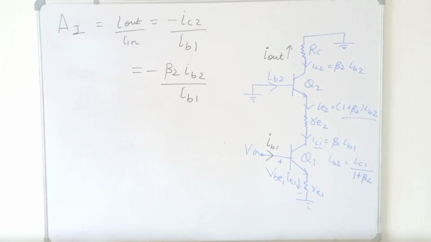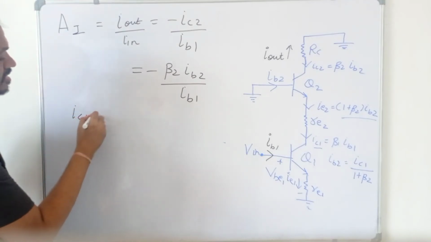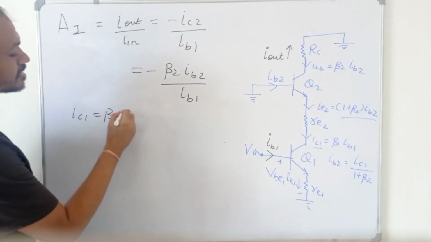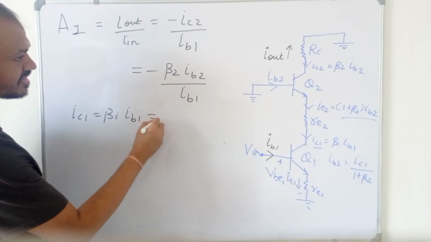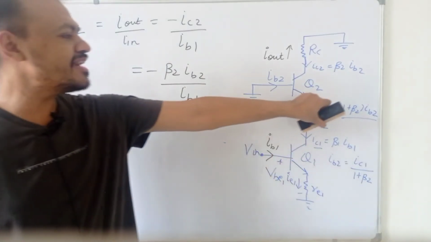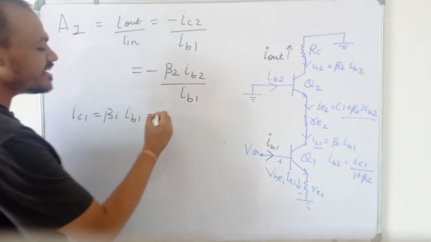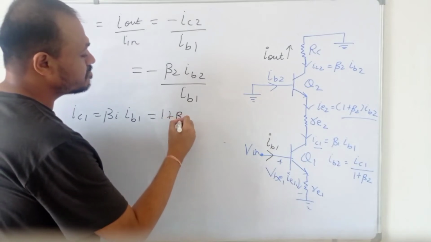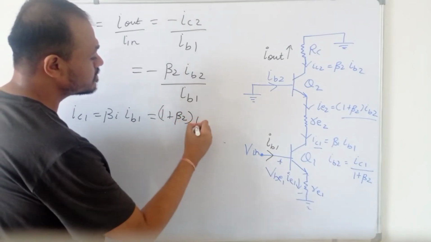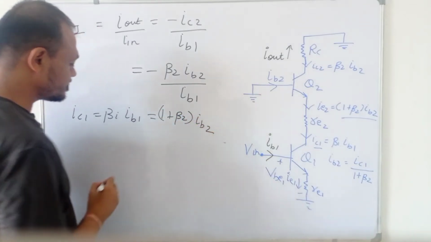Now from the figure we can see that IC1 is equal to beta 1 IB1, and IC1 is nothing but equal to IE2. So we can write it as 1 plus beta 2 IB2.